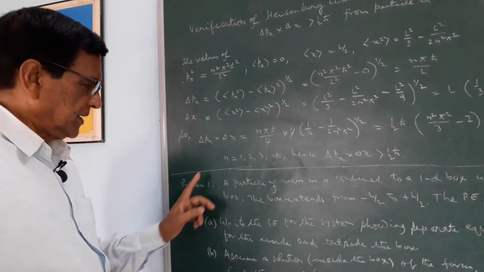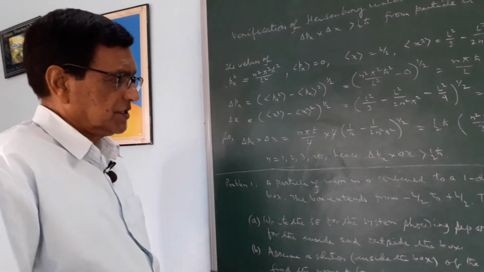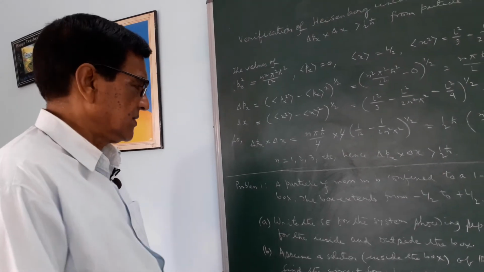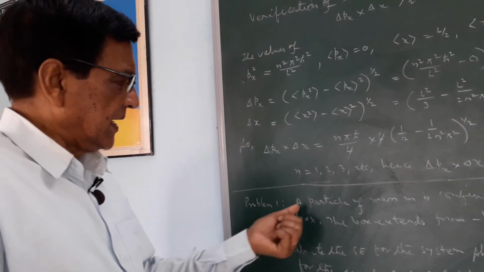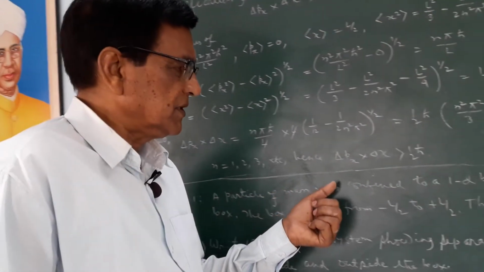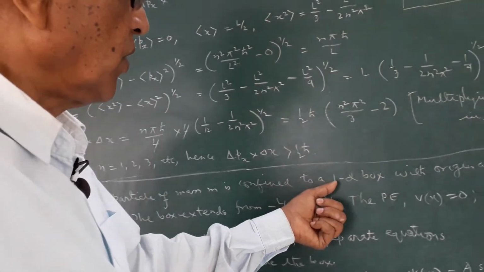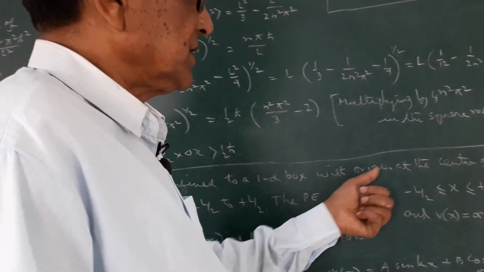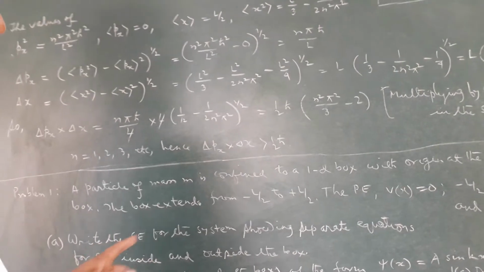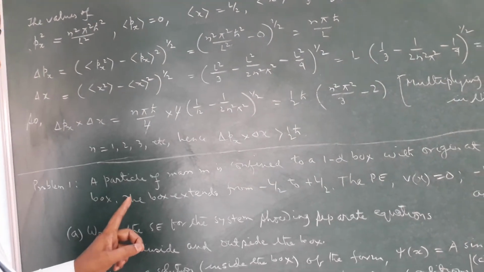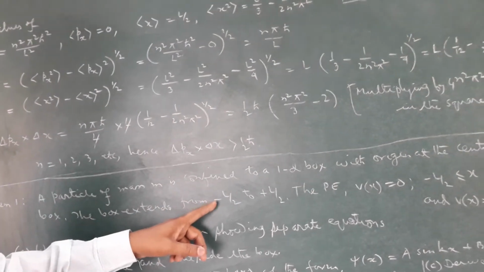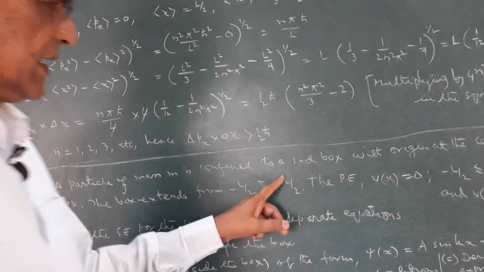One problem I can give here for the students to make an exercise. A particle of mass m is confined to a 1D box with origin at the center of the box. The box extends from minus L by 2 to plus L by 2.